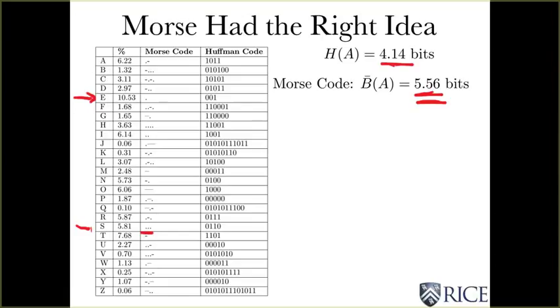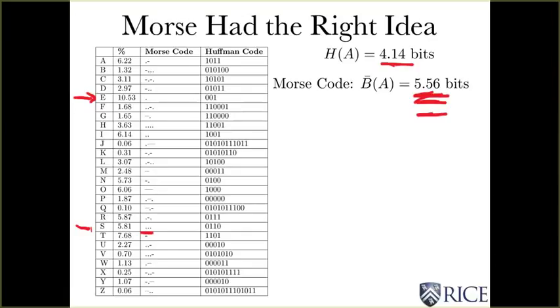So for an S, the 3 dots would be right next to each other, but if you sent 3 E's, it would be dot, dot, dot. If you send an S, it'd be dot dot dot. So those spaces, those pauses are what are called commas. So you cannot decode the original sequence of letters if everything's all jammed together. If you count in that extra pause, that's where the 5.56 comes from.